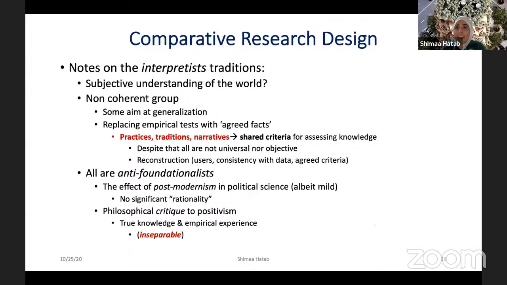This idea has come under criticism, even for positivists. So that's why you will find these disputes between the two camps: the interpretivists, culturalists and constructivists, and the rational choice, positivist or behavioralist camp.